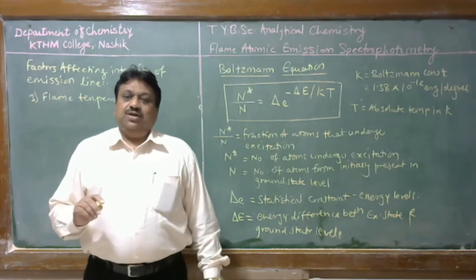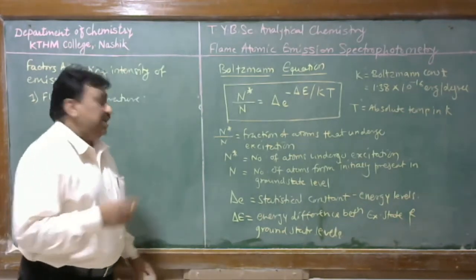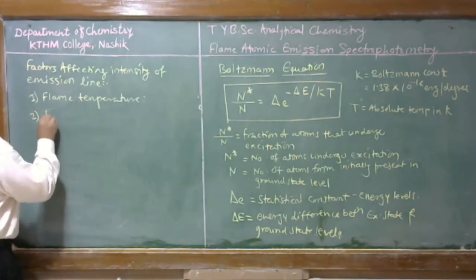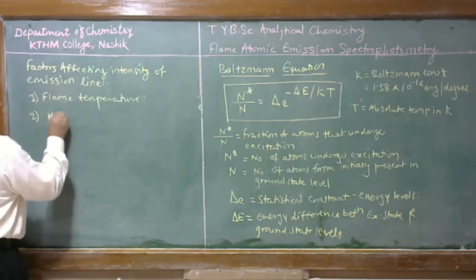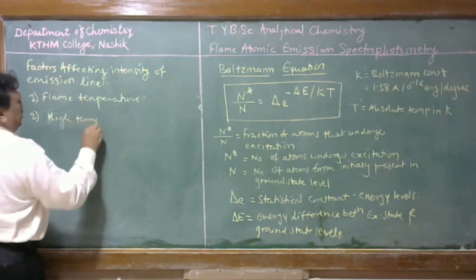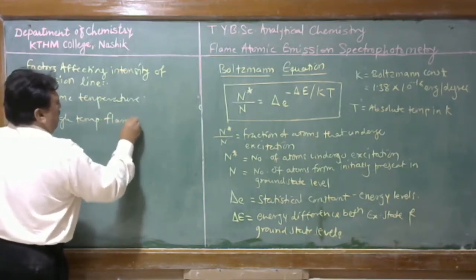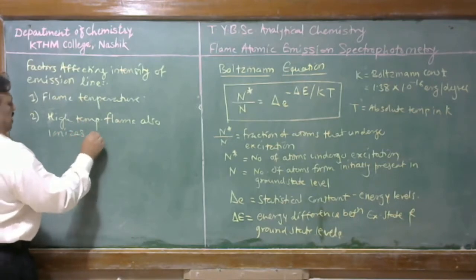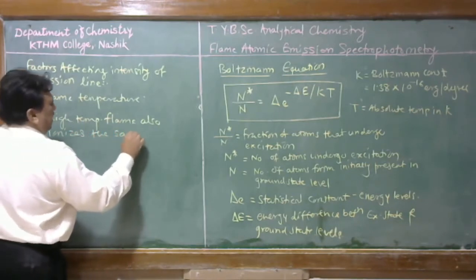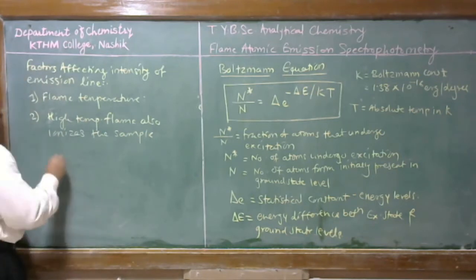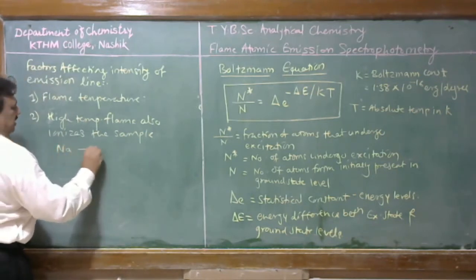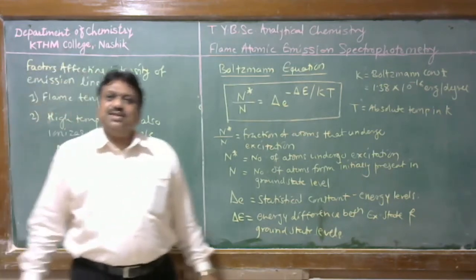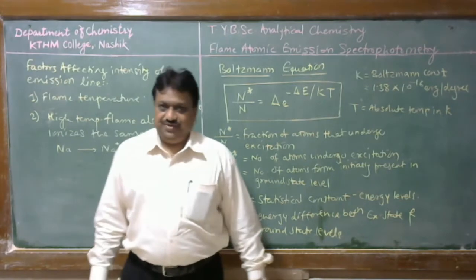Sometimes if the temperature is very large, a very high temperature flame also ionizes the sample. That means without atomization, the atoms are converted into ions, and ions do not undergo electronic excitation.